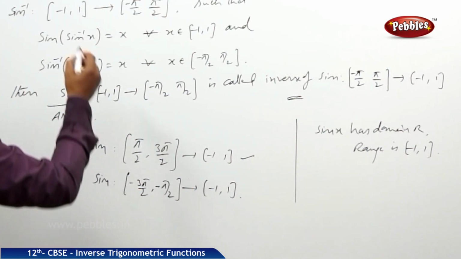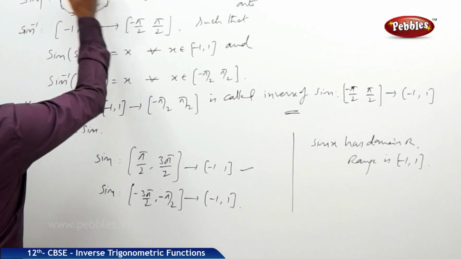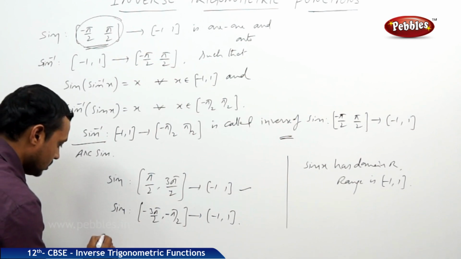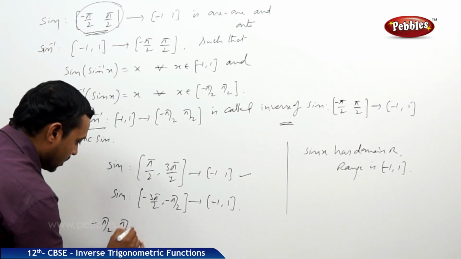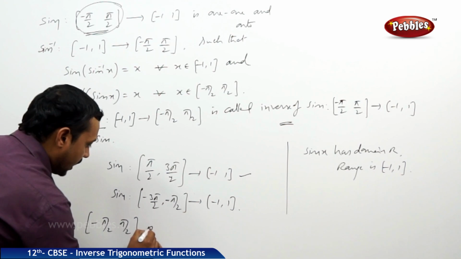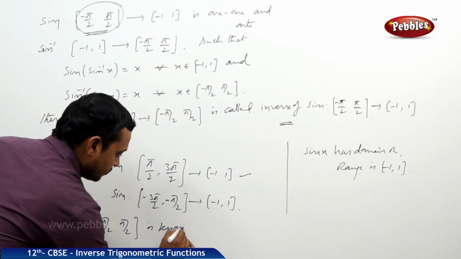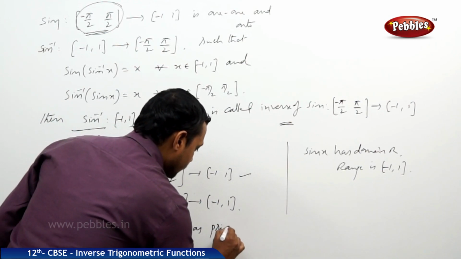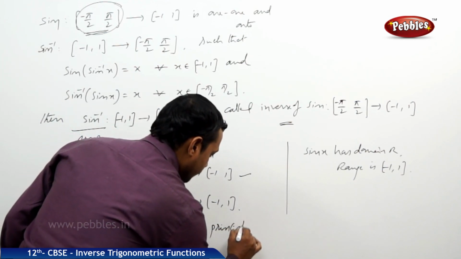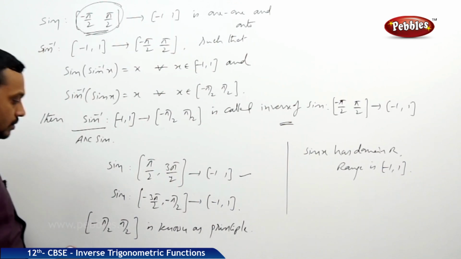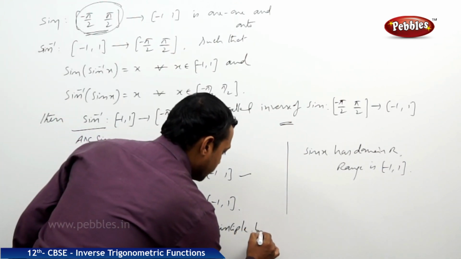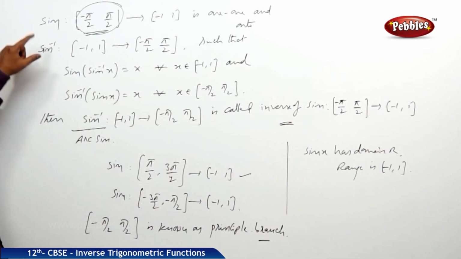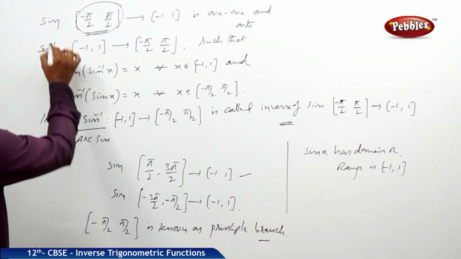But particularly we can take one interval, minus pi by 2 to pi by 2, which is known as the principal branch or principal domain of the given function sine.